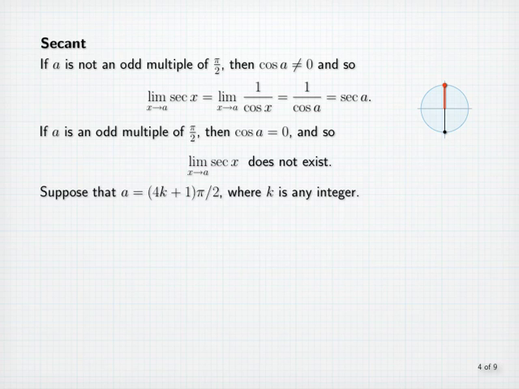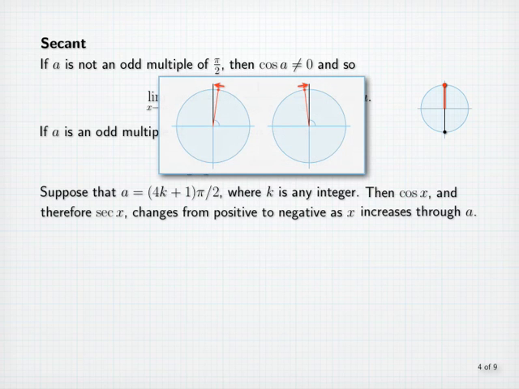Notice this gives us pi over 2, 5 pi over 2, 9 pi over 2, and so forth. Then cosine x, and therefore secant x, changes from positive to negative as x increases through a. Therefore, the limit as x approaches a from the left of secant x will be plus infinity, while the limit as x approaches a from the right of secant x will be minus infinity.